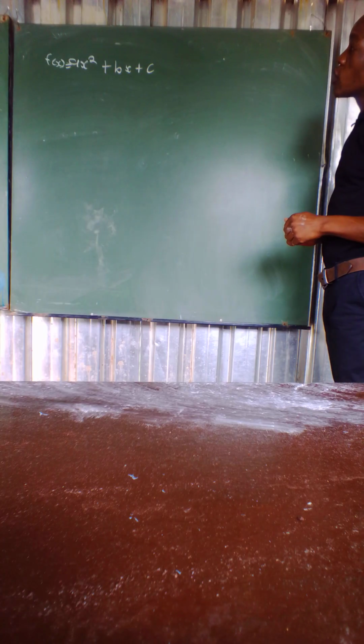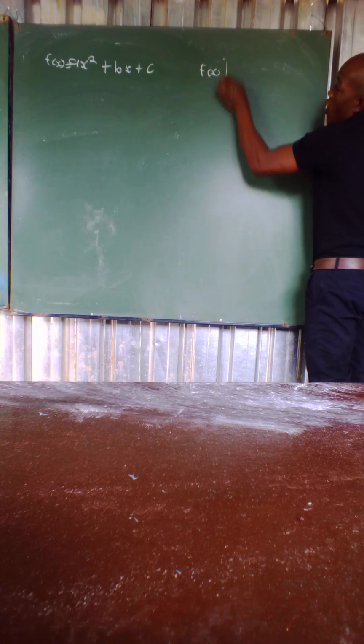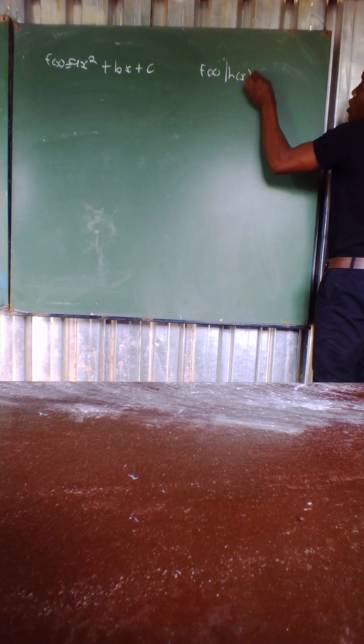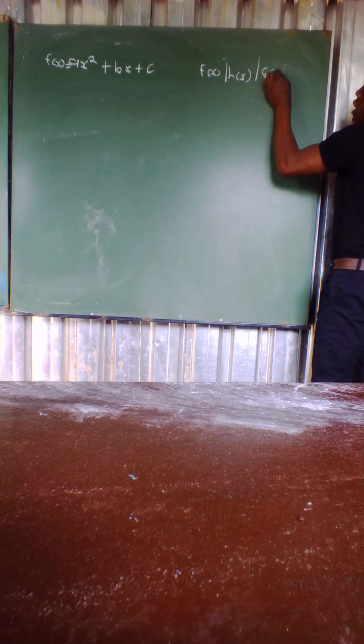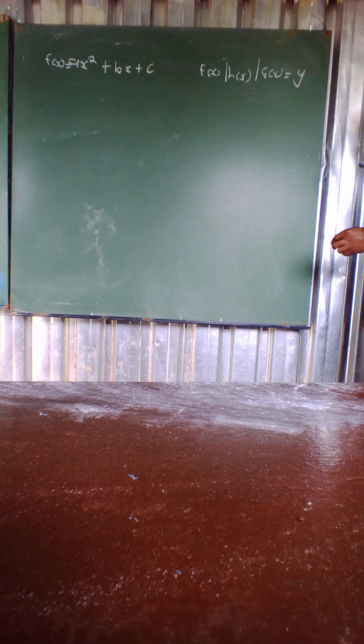Mind you, most of you may have come across this formula. Now, what I'm going to teach you about is more important to understand that wherever you see f of x or h of x or g of x, this is the same as y.